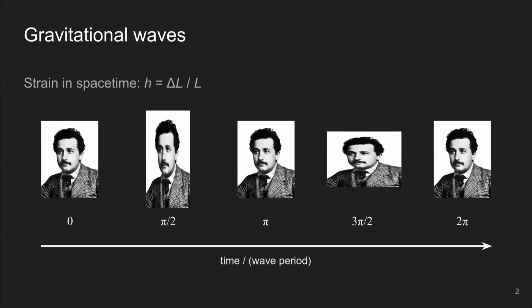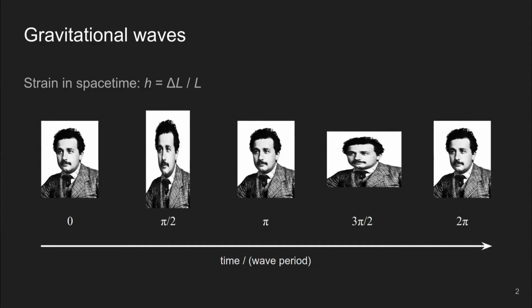So just to set out the very basic principle here, when we're talking about gravitational waves, we're talking about a metric perturbation that effectively is a strain in space-time. So we usually use the letter h to denote the strain. So it's a fractional change in the length of an object.